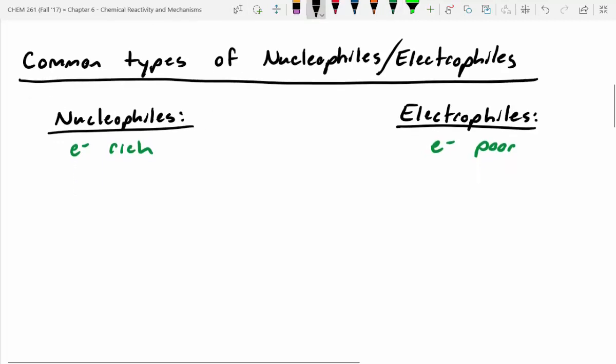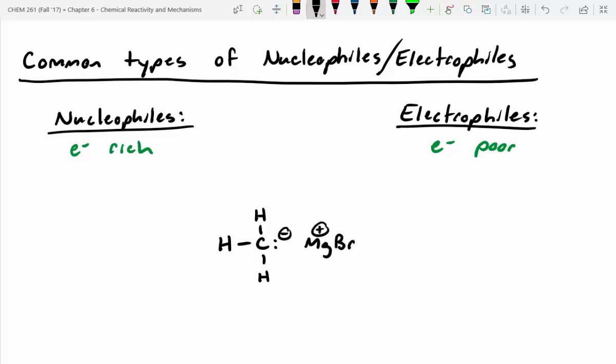So let's draw one, and I want you guys to help me determine whether it's going to be a nucleophile or an electrophile. Let's ignore the magnesium. The magnesium is just a countercation. Is this going to be a good nucleophile or a good electrophile? Nucleophile. Why?